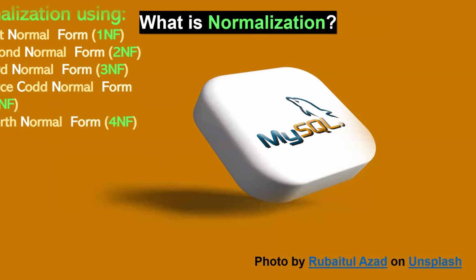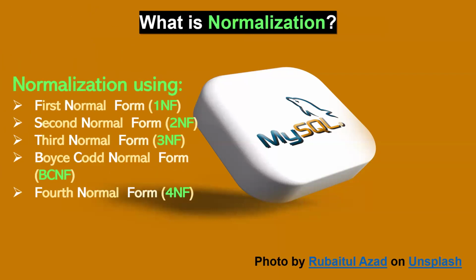And then we're going to talk about normalization. There are all kinds of steps that you have to do to normalize a database. The reason you normalize is to take care of insertion, deletion, and update anomalies by removing redundancies and duplicates in a table.